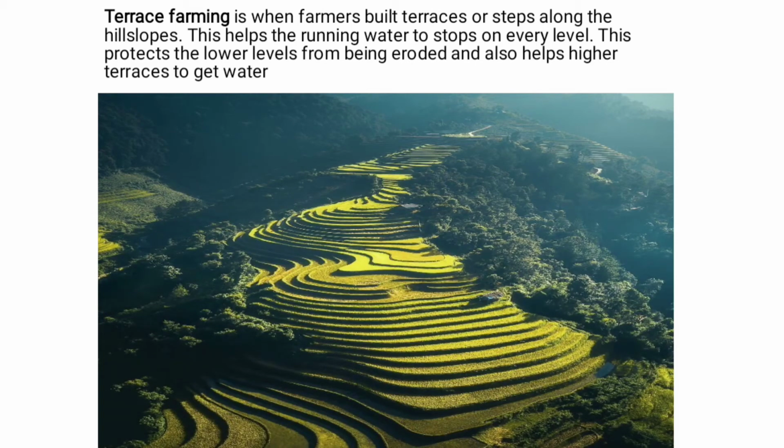So here you see this is the double benefit, isn't it? Not only do the terraces control the flow of the water, but they also receive water on each and every step for the crops that are grown here.